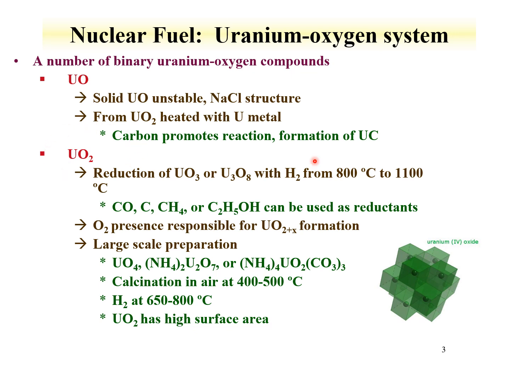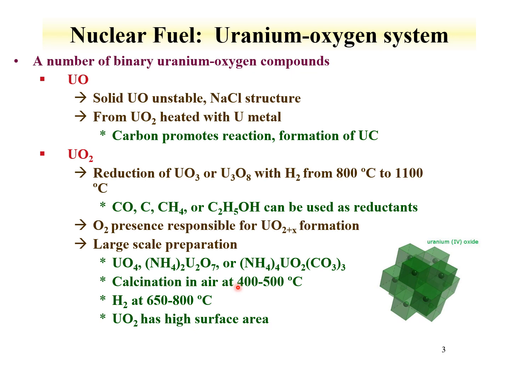This can be formed by the reduction of a number of oxides, as shown here. Hydrogen can be used as a reductant. In our lab, we use 5% hydrogen in argon as a common route for producing UO2. These other compounds can also be used as reductants. Large-scale preparation is from a host of compounds that can be calcined in air.